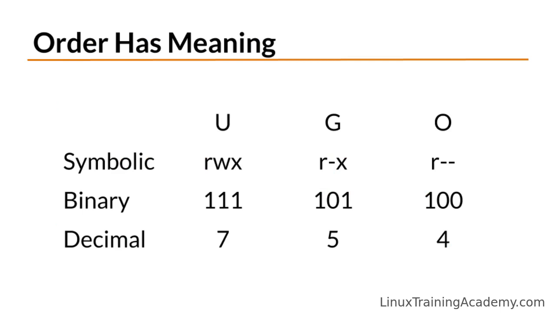So once you determine the octal value for each category, you specify them in that order. So for example, to get read, write, execute for user, read and execute for group, and just read for other, you would specify chmod space 754 space the file name.